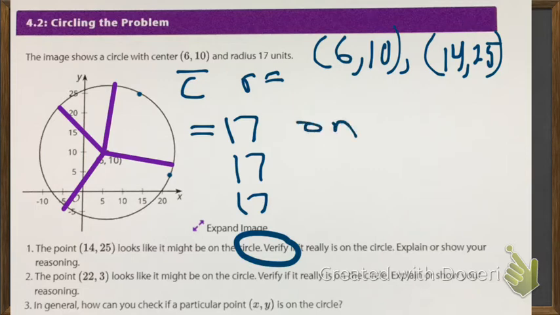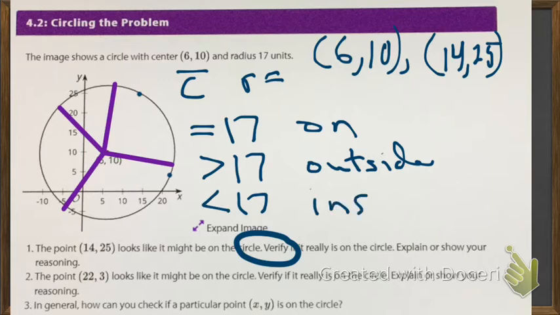If it's greater than 17, that point is outside the circle, because the distance is longer than the radius. And if it's less than 17, it's inside the circle. That distance should be exactly 17 for it to be on the circle.